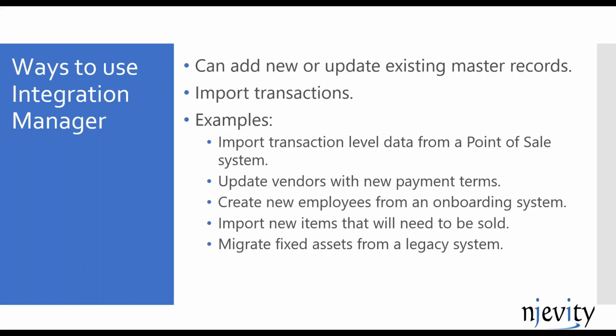You can update vendor addresses. You can import bulk items. So if you have all new items that you're going to sell and you've got those in a spreadsheet, you can import those. You can also import data from other databases. If you have some internal databases, you can do that as well.